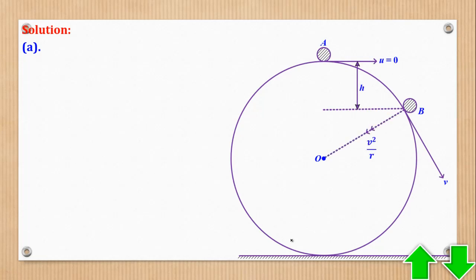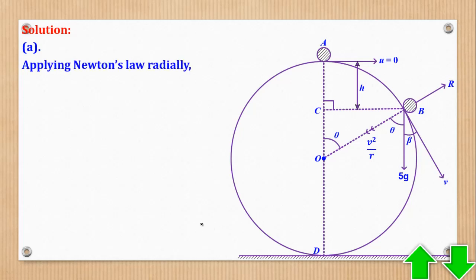Then the centripetal acceleration, the weight, and the normal reaction. So applying Newton's law radially, this will give you that. This will provide the necessary centripetal force.